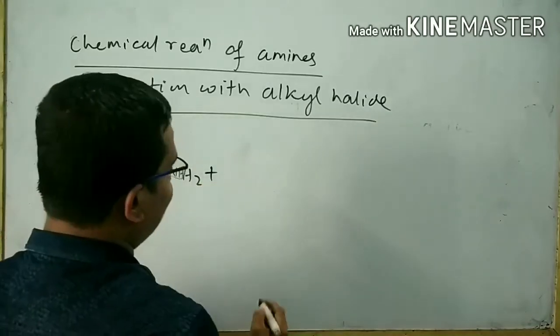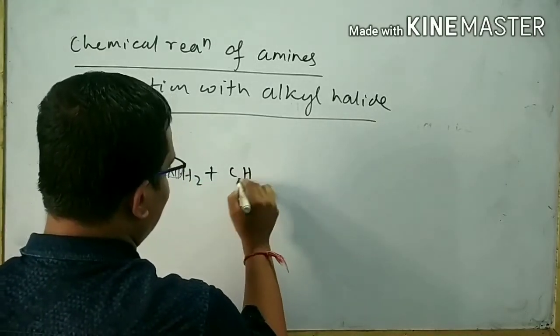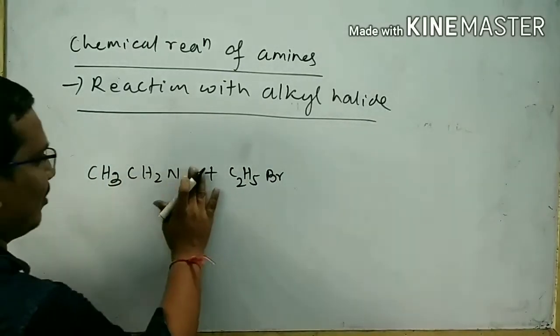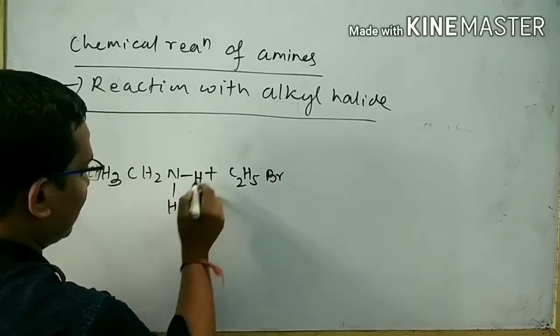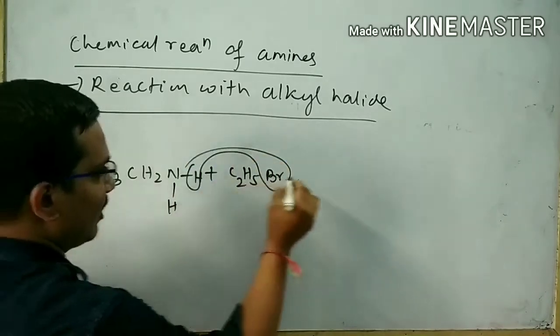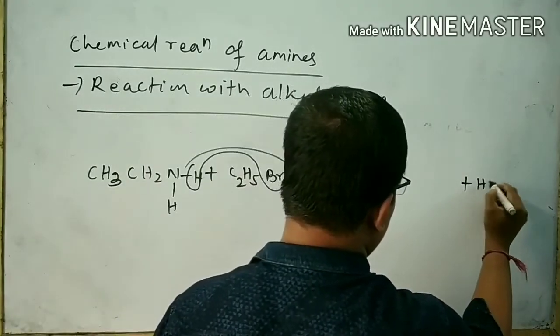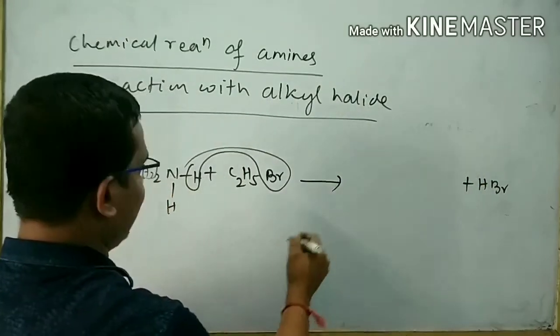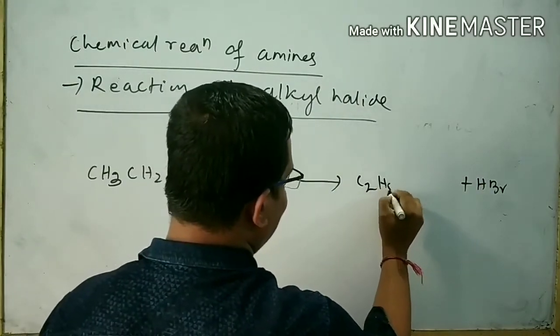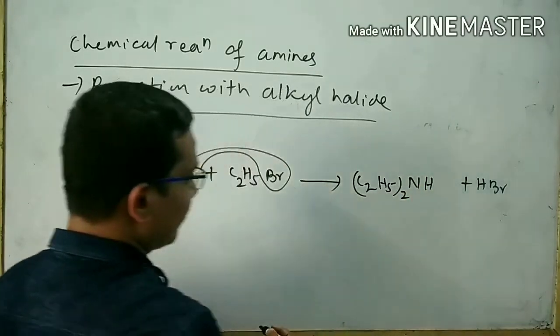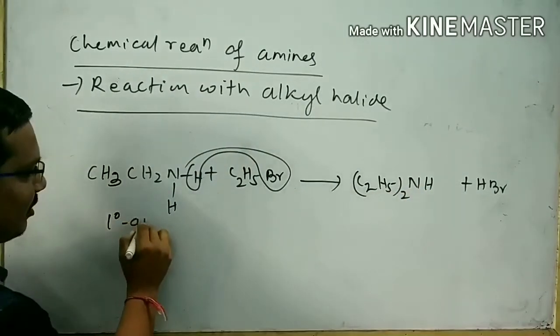When it is subjected to reaction with ethyl bromide, what will happen? There is a removal of one HBr molecule, and it is considered a byproduct. And the main product is diethylamine.